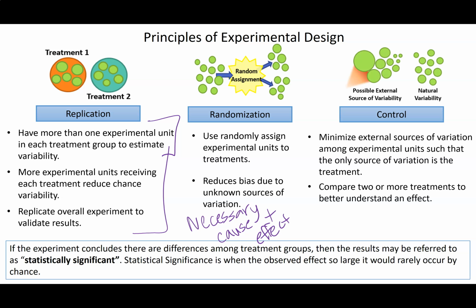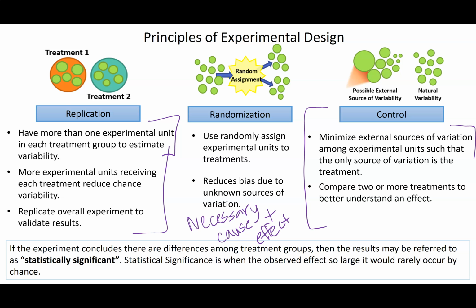And then control. So this is a really, really important one. I've been a statistical consultant in cases where there wasn't a control group. That was really problematic. So this helps us compare to a baseline. It's super, super important.